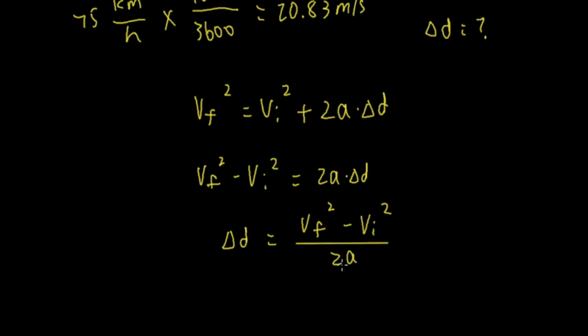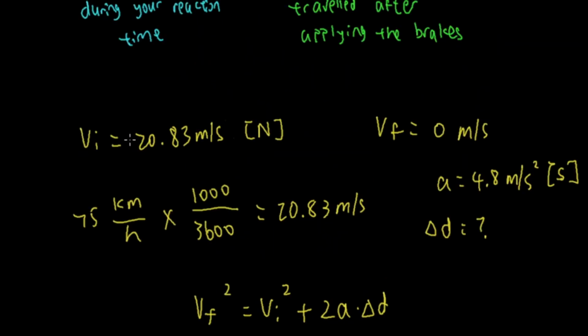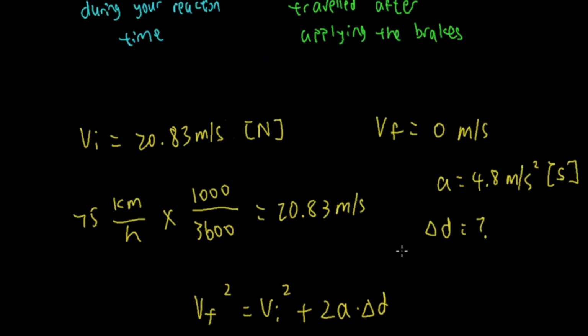Now we can put in the information here. Delta D is equal to V final is 0 squared, so 0 squared minus V initial here is 20.83 meters per second, so minus 20.83 squared, all over 2 times acceleration, which is 4.8 meters per second squared south.